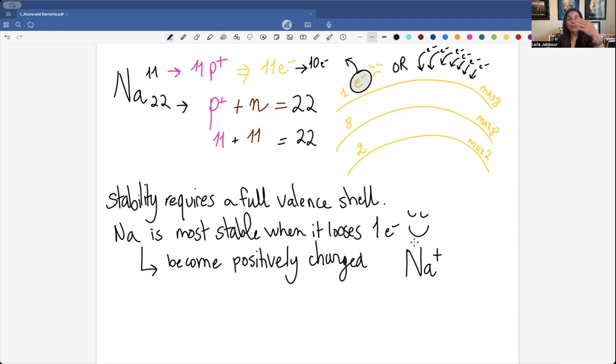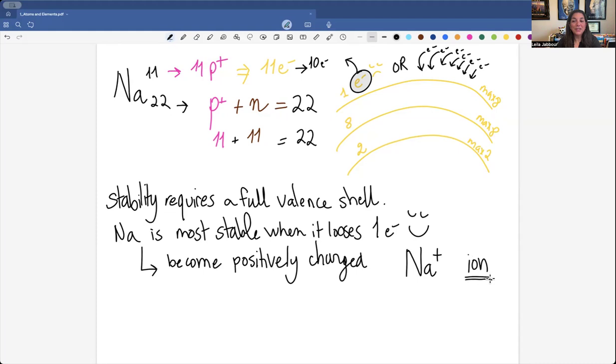Once we're talking about the sodium atom out of the periodic table, with the actual sodium atom, how it's actually behaving, it loses an electron and becomes a positively charged ion.